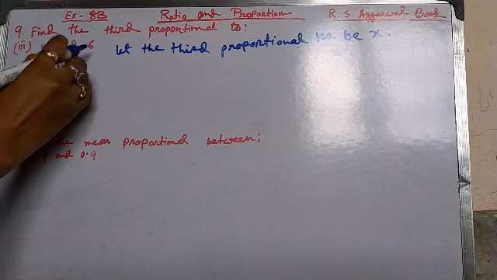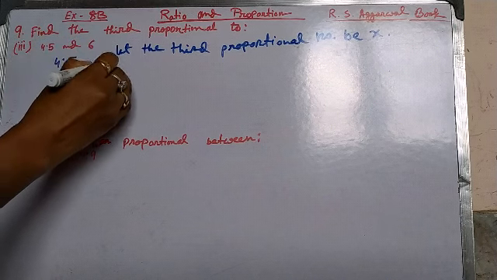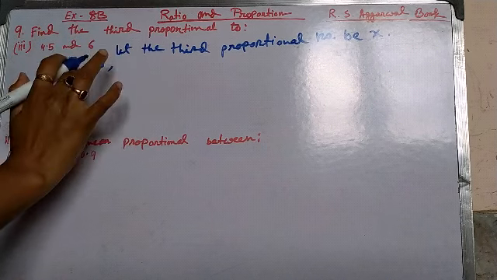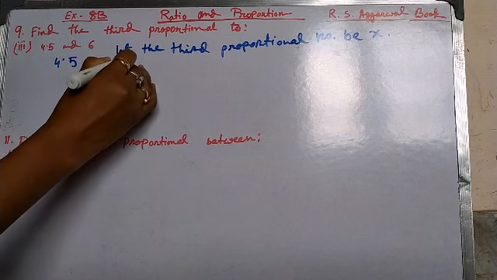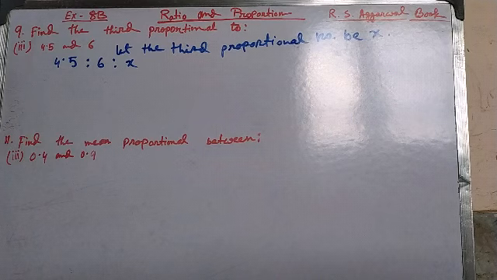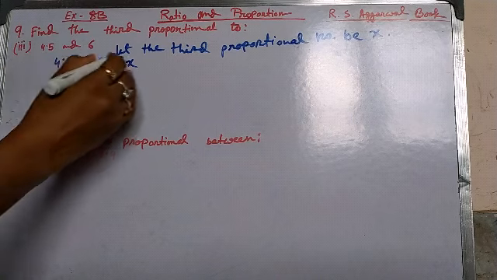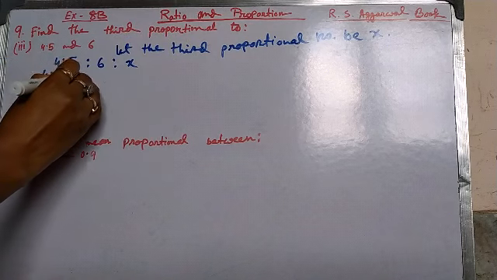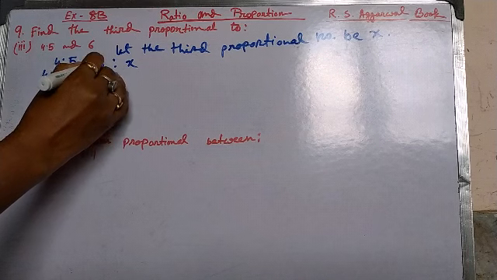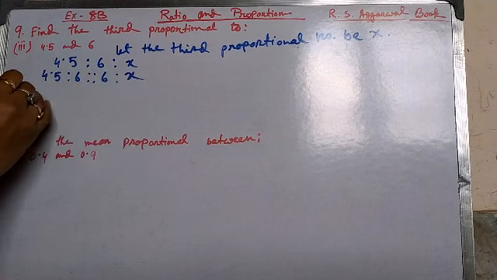So it will be 4.5, 6 and x. Third proportional be x. If we write in proportional form, then this will be 4.5 is to 6 proportion to 6 is to x, where 6 will be repeated.